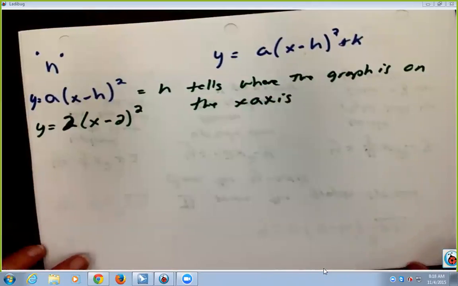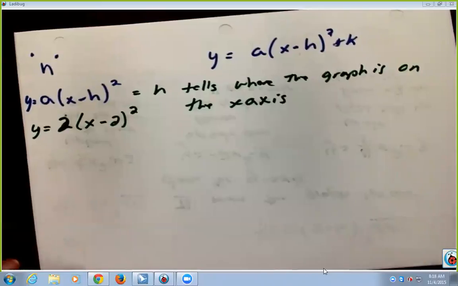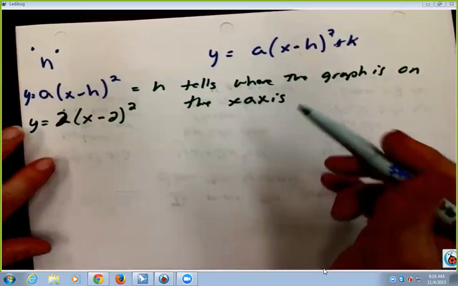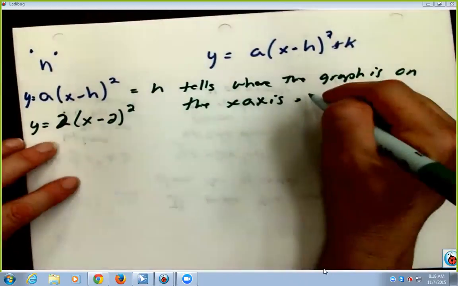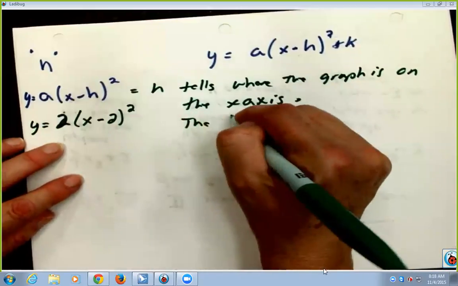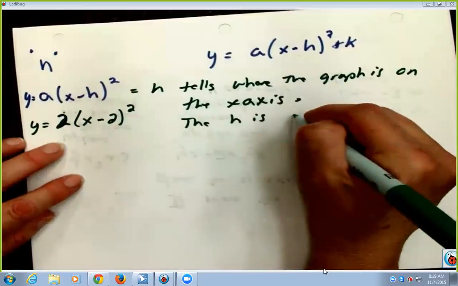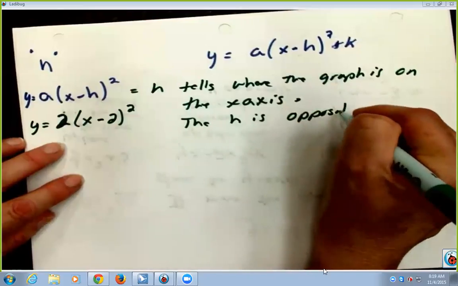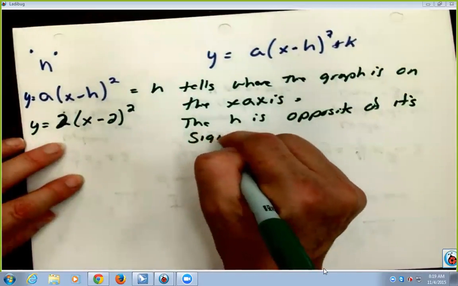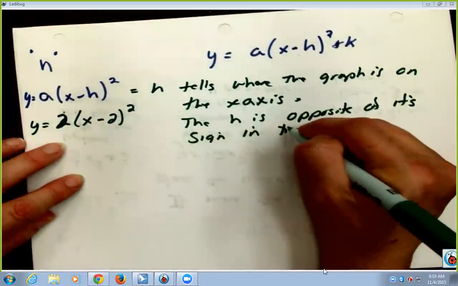So we knew what happened with K. K was the y-axis. This time H is the x-axis. So we're going to move it around on the x-axis. Now the thing about this that you always, always, always have to remember is the H is opposite of its sign in the equation.